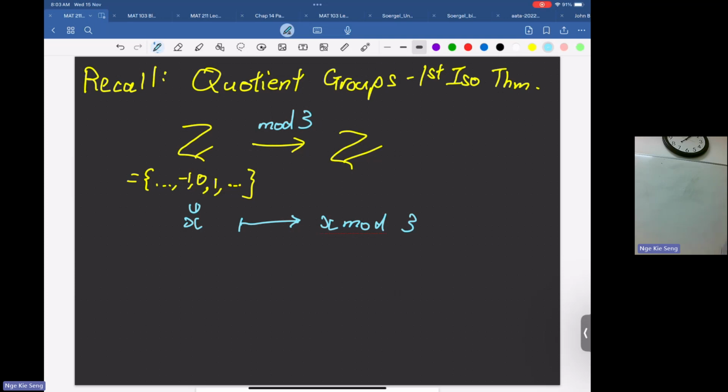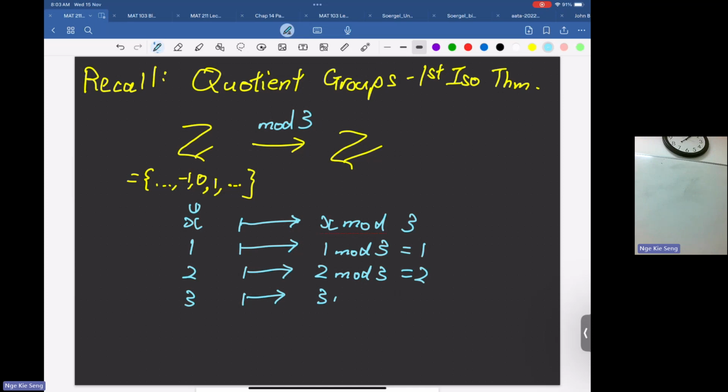For example, 1 gets sent to 1 mod 3, which is 1. And 2 gets sent to 2 mod 3, which is 2. And then 3 gets sent to 3 mod 3, which is 0.